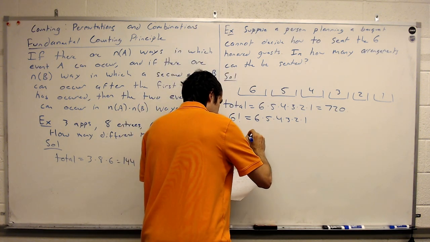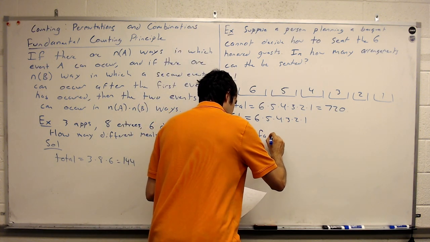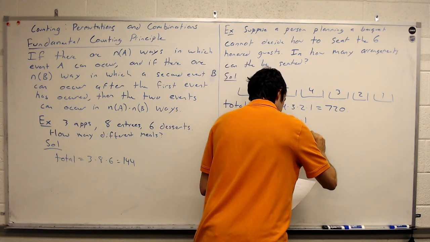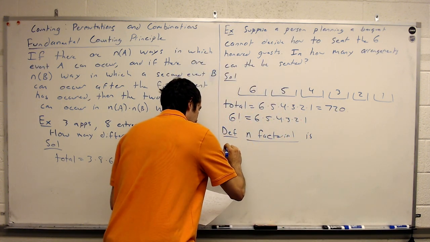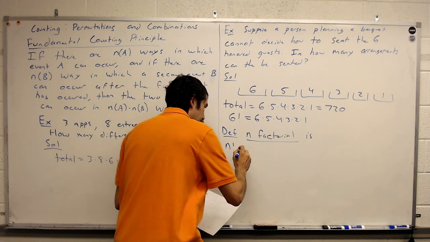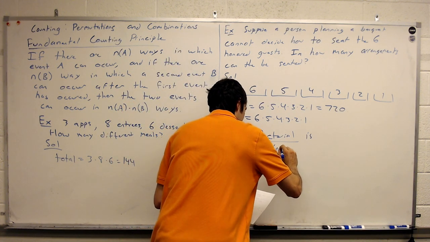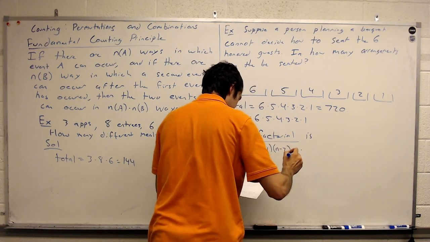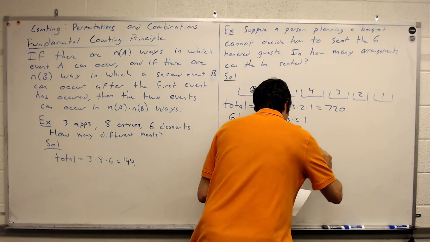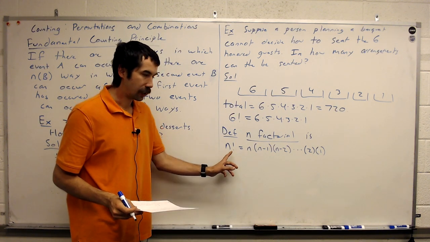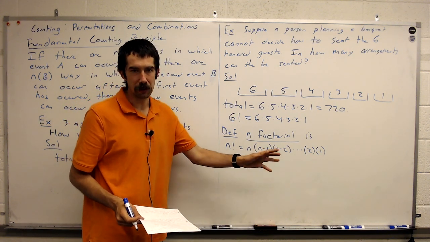So n factorial is given by n factorial equals n times n minus 1 times n minus 2 all the way down to times 2 times 1. So 6 factorial is 6 times 5 times 4 times 3 times 2 times 1.